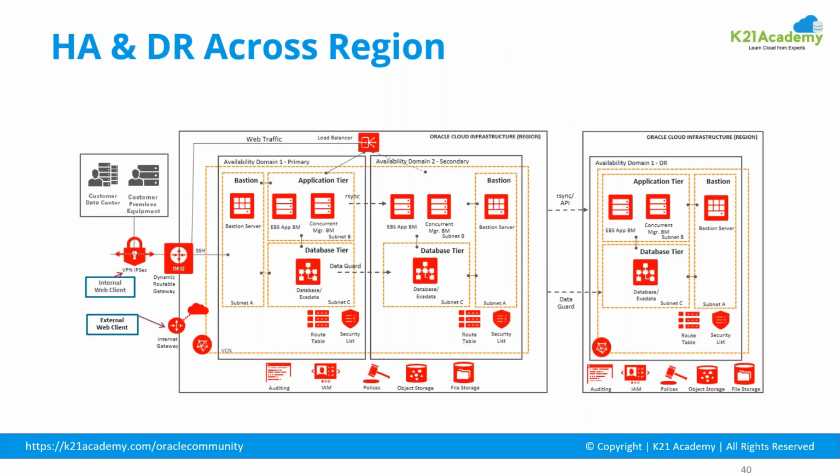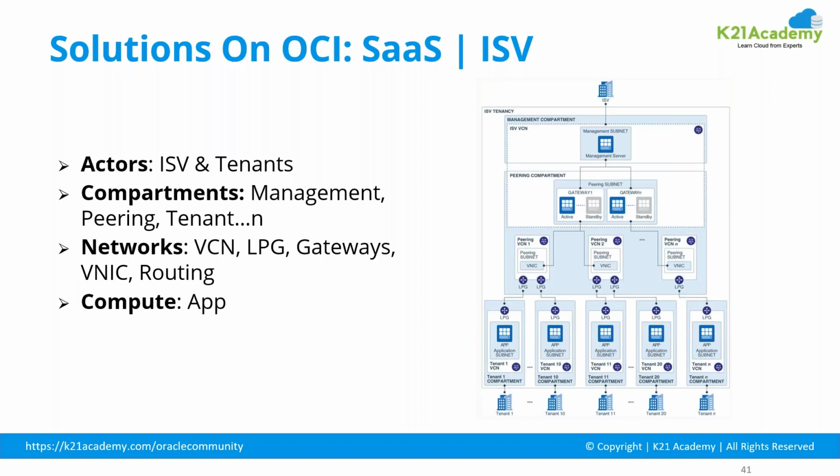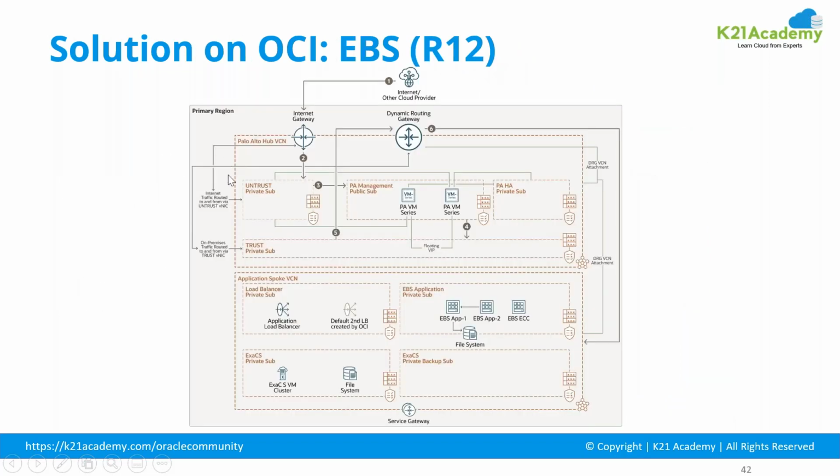I wanted to keep it high level, as I said, because we have a lot to cover. There are other solutions you can build, like software as a service. If you're an independent software vendor, you can create multiple tenants for your customers and implement those on Oracle OCI. Or, if you're coming from E-Business Suite, we have a lot of customers as well as students who deploy E-Business Suite R12 on OCI, or PeopleSoft or JD Edwards, migrated to OCI.